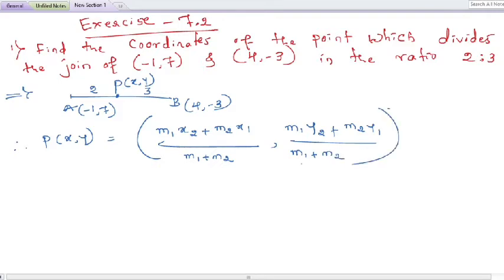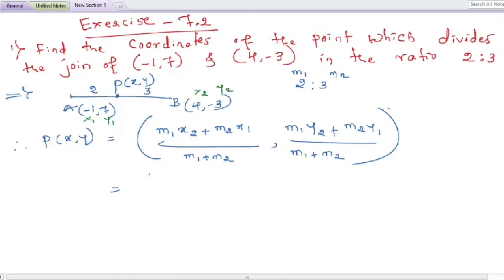This is the formula. Substitute the values, you will get the solution, which is equal to m1 value. Here the ratio is given 2:3. So, m1 is to m2 means 2 is m1. So, here ratio is 2:3. It is m1, it is m2. So, then these are x1, y1, x2, y2.